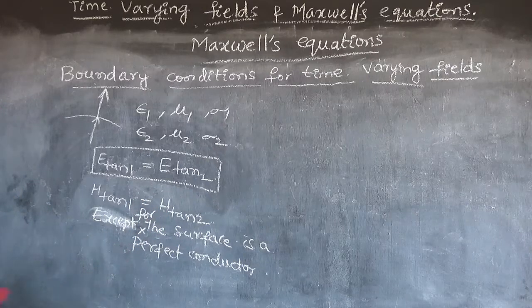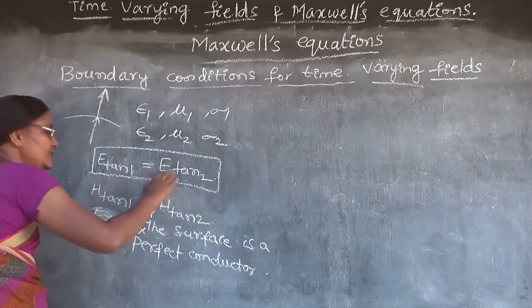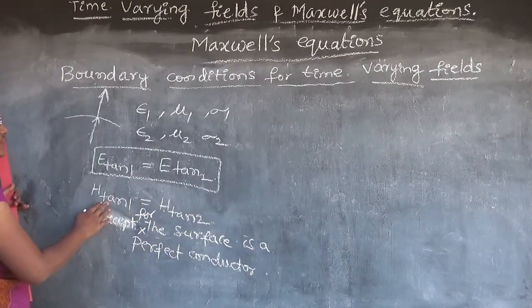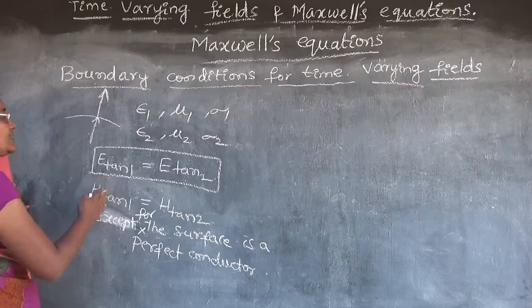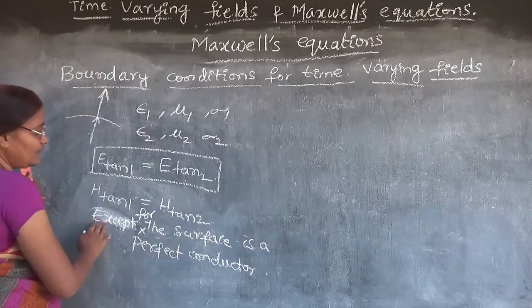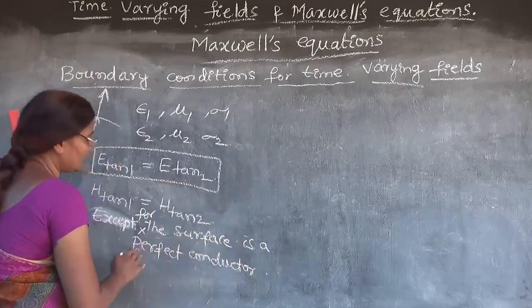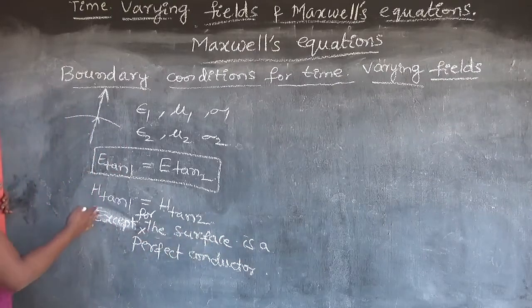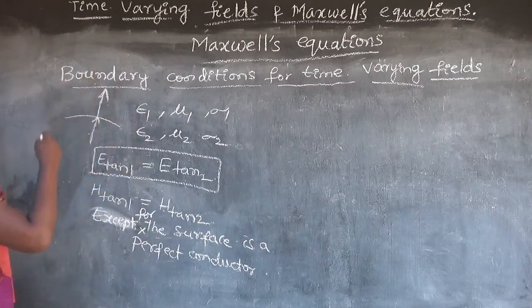That means if the surface is a dielectric, and not a perfect conductor, then the tangential component of the field, H tan 1, is continuous.